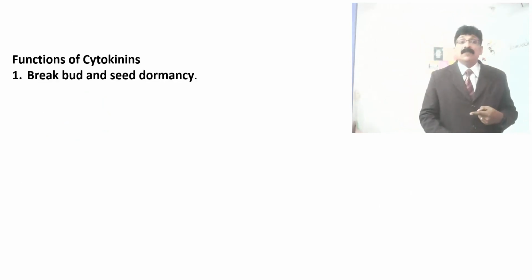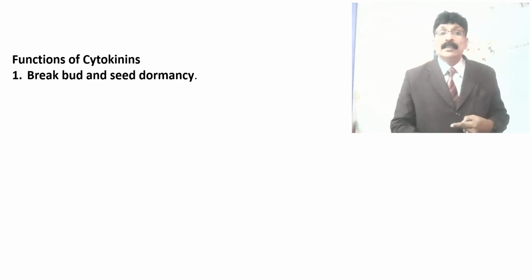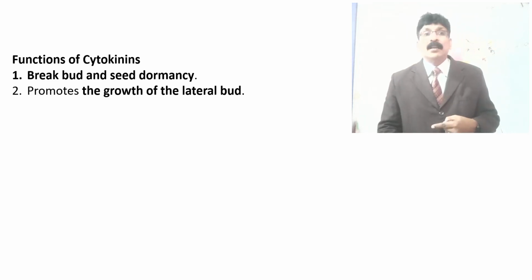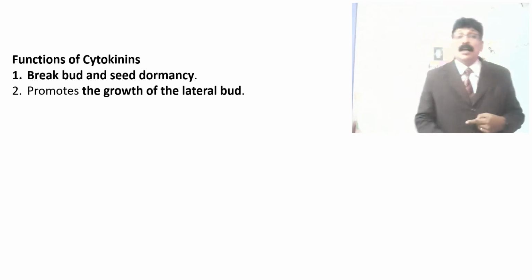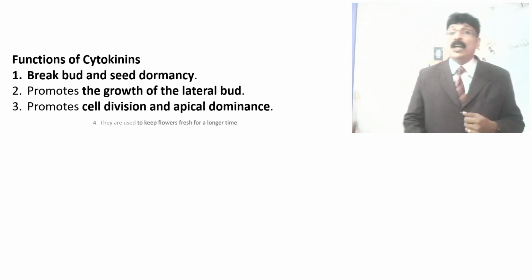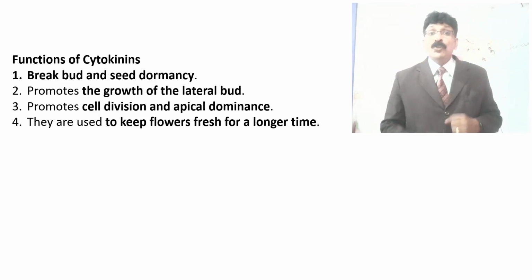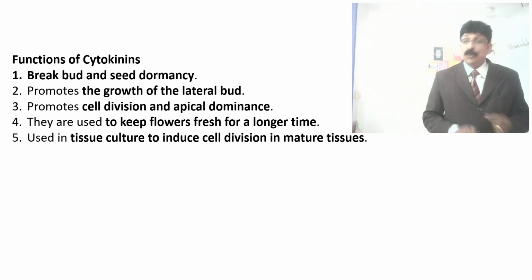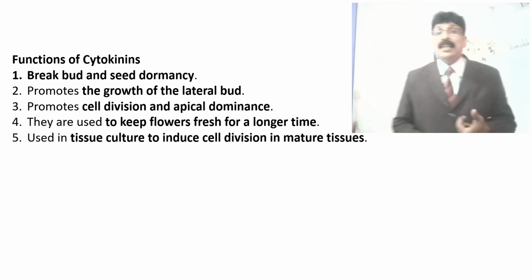Functions of cytokinins: they break bud and seed dormancy, promote the growth of the lateral bud, and promote cell division and apical dominance. They are used to keep flowers fresh for a long time, and used in tissue culture to induce cell division in mature tissues.